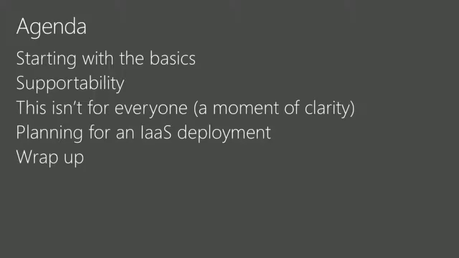We'll talk about whether or not this makes sense. That may be a very interesting part of the conversation for many of you. Certainly something we've spent a lot of time internally thinking about, and I want to make sure that we're very, very clear in that aspect of the guidance. And then we'll talk through planning. That's actually the bulk of this session, talking through some best practices around how to think about having a successful deployment of Exchange on this type of solution.